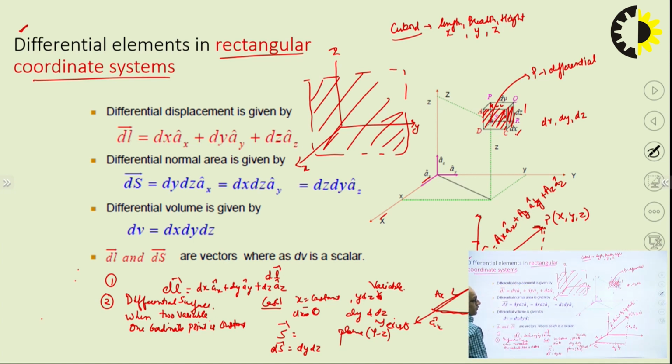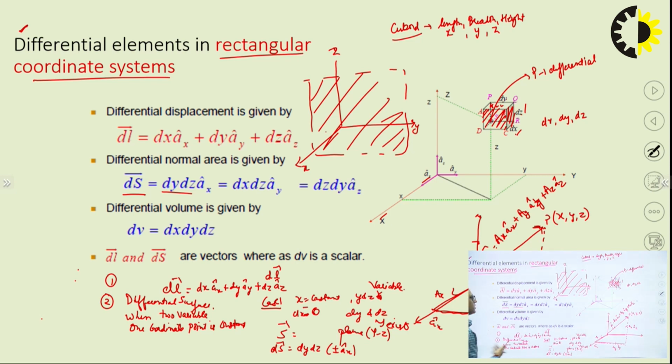In that case, will the unit vector be towards outside the screen or inside the screen? That will be plus or minus a cap x, meaning the unit vector direction will be perpendicular to the plane surface area. Clear? So in that case, ds vector is equal to dy into dz a cap x.